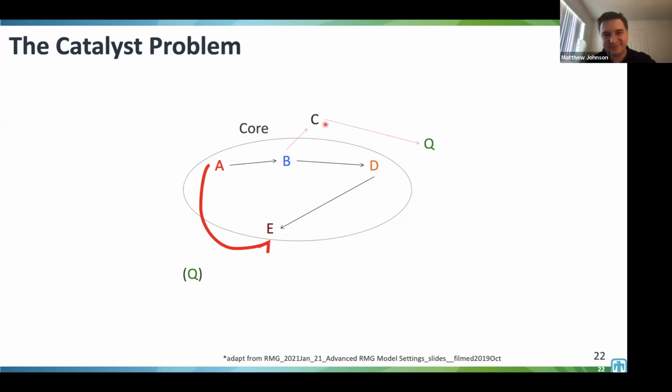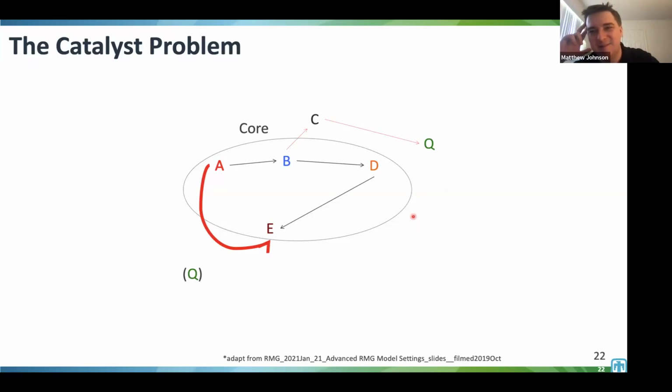And more particularly, we don't even know Q exists. Q here isn't actually in the edge, because C is one step out. C isn't in the core. So it's not just RMG's algorithm.